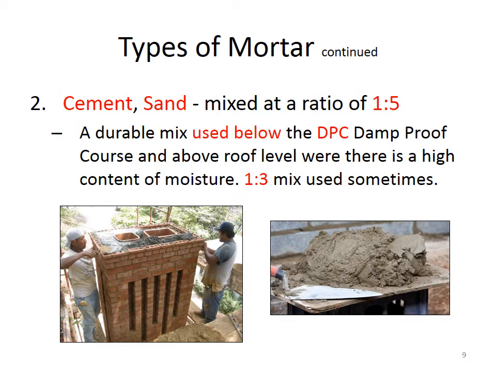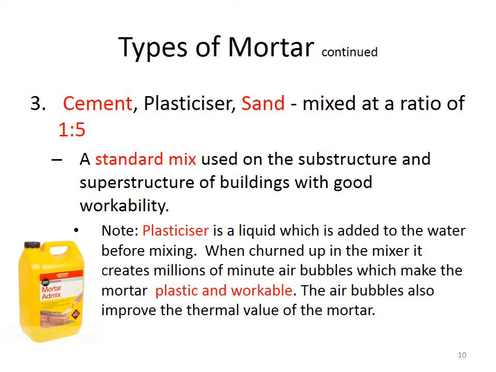Mixes below ground level and above roof level are usually quite strong at a mix of 1:3. The reason lime is not used in these mixes is because lime does not work very well in conditions of high moisture. In other words, underground, where there's going to be dampness and high levels of moisture all the time, or up above the roof.